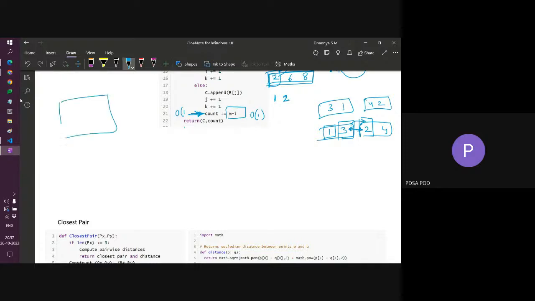You have a number of objects on the screen, and you want to find the pair of objects which are closest to each other. What is the immediate algorithm that comes to your mind? It could be naive, it could be advanced or whatever. What comes to your mind immediately?